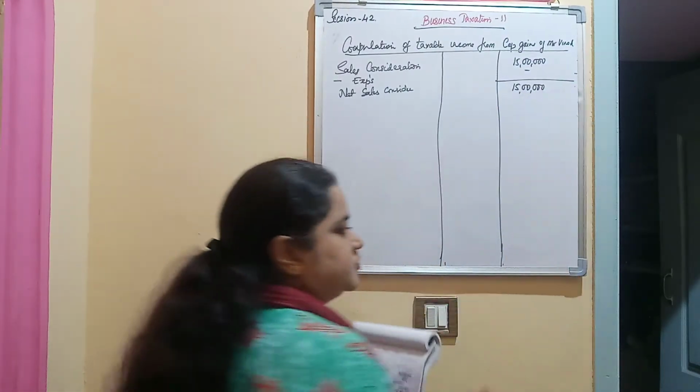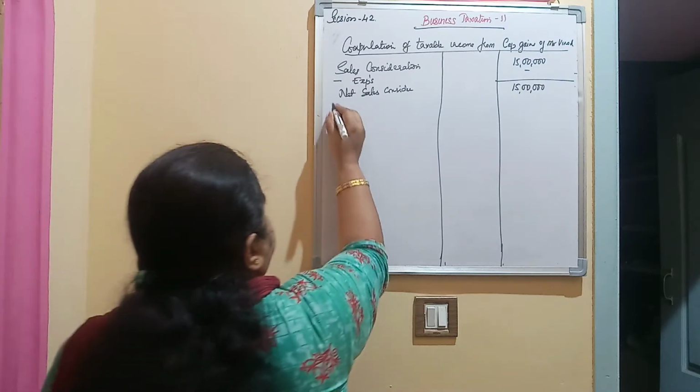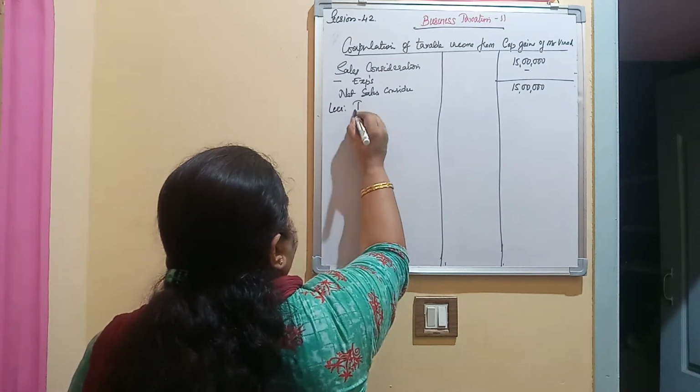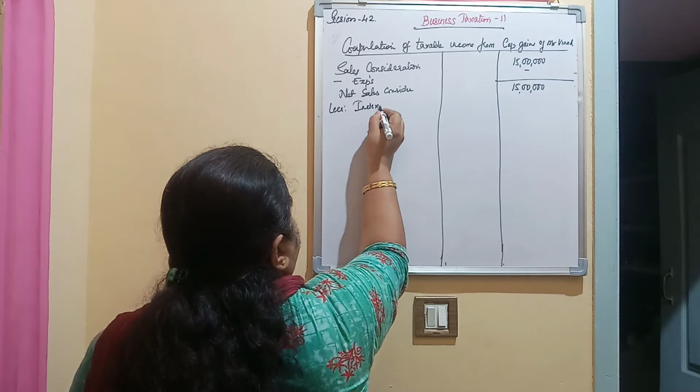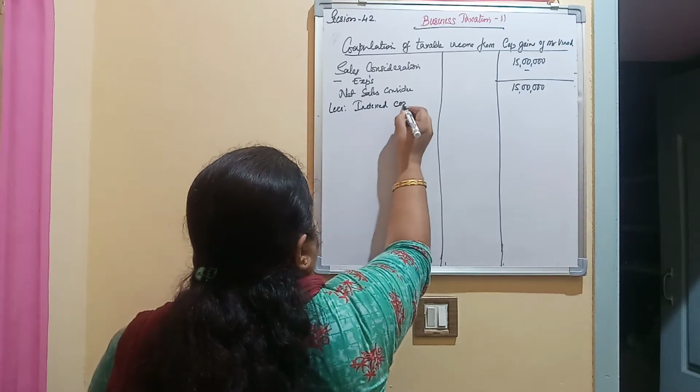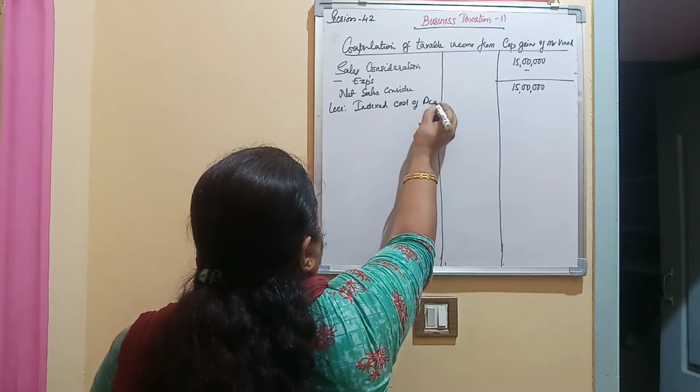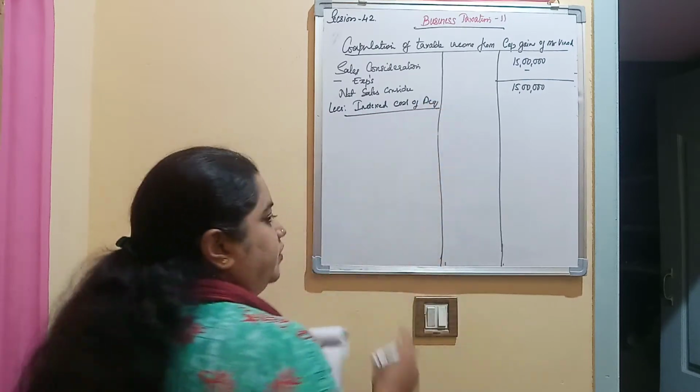From this you are supposed to deduct the indexed cost of acquisition. How do you calculate that?